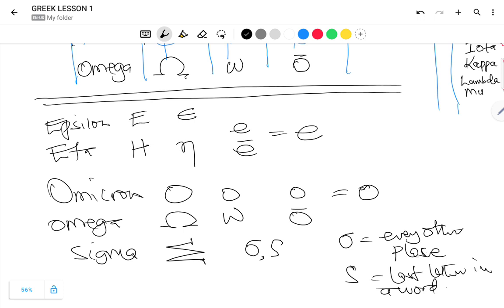And so this is the difference. So at least identify these differences and this uniqueness, and make sure you notice the differences here. So omicron, eta, and how they differ, and then notice the two ways of writing sigma in the lowercase.